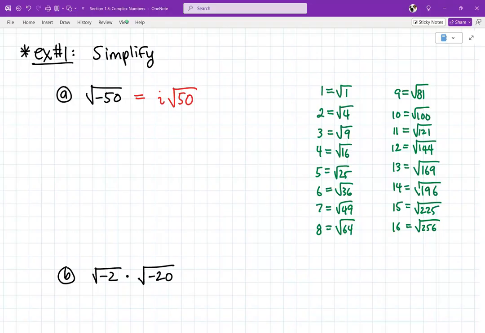Now, why is it good for us to know those? Well, I have the square root of 50. I need to break up 50 into 2 numbers. Either both of those numbers or one of those 2 numbers has to have a nice square root. So, if I break up 50 into 2 times 25, which one of these 2 numbers has a nice square root?